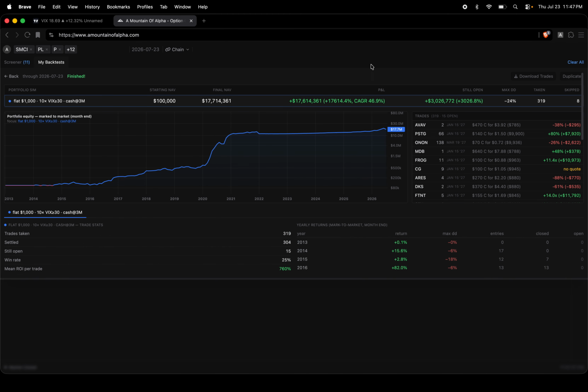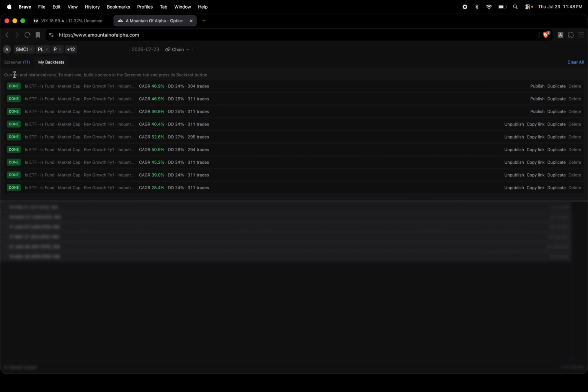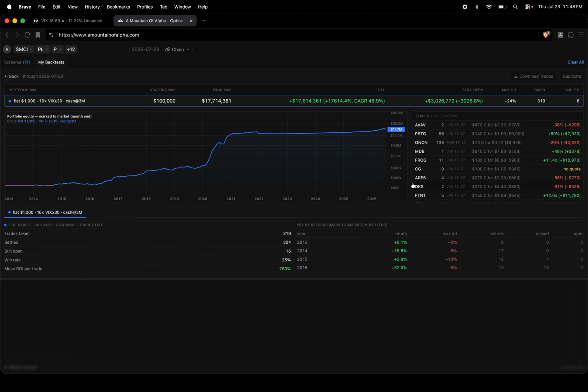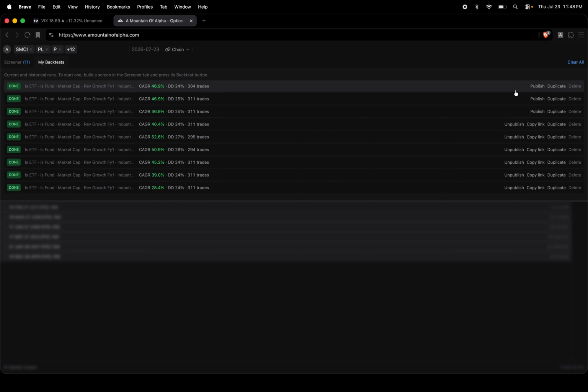Okay, so I think this VIX gating dropped the drawdown by 1%. However, this drawdown is actually fake. It's not actually true. It's probably around 45% because we don't have the cadence on daily mark to market. Now, we could do that just to see what it is.